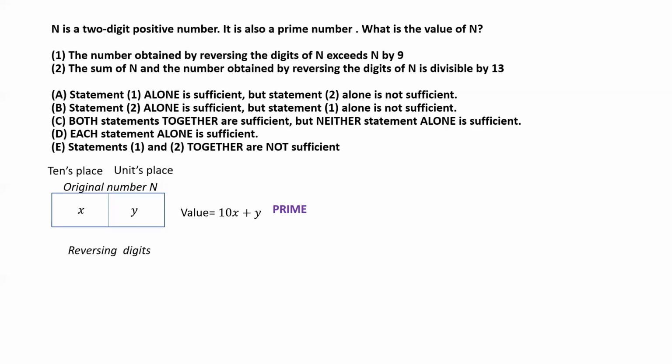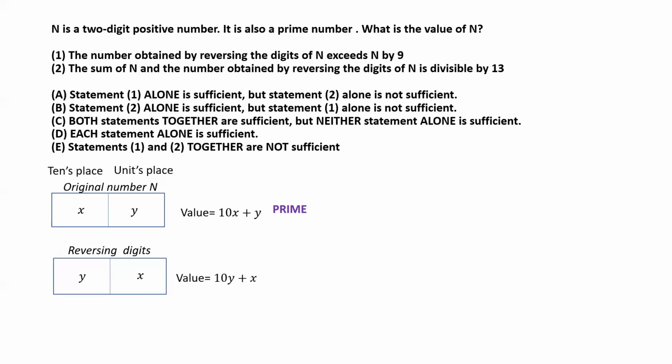Well, we still get a two-digit number, but now in the tens place, we have y, and in the units place, we have x. So it's swapped compared to the original number. And then the value of this number by reversing the digits comes to 10y plus x.